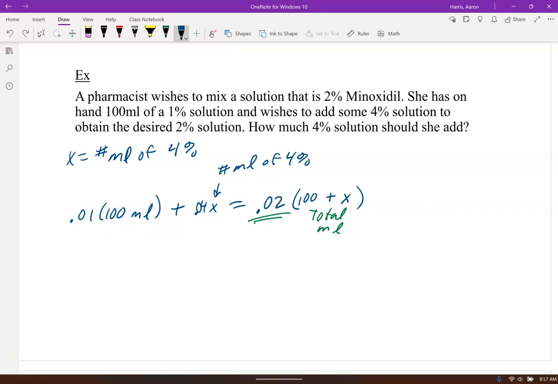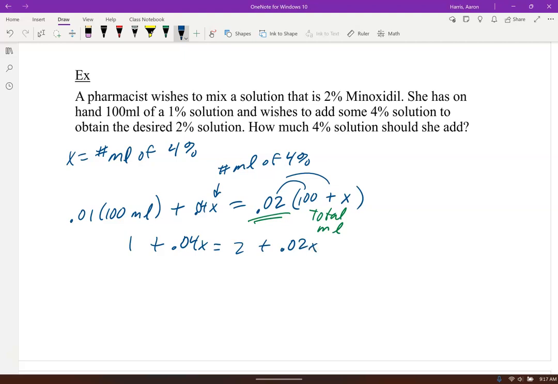All right, let's see what we get. So 0.01 times 100, we got 1 plus 0.04x equals, and we got 0.02 times 100, which is 2, plus 0.02x.